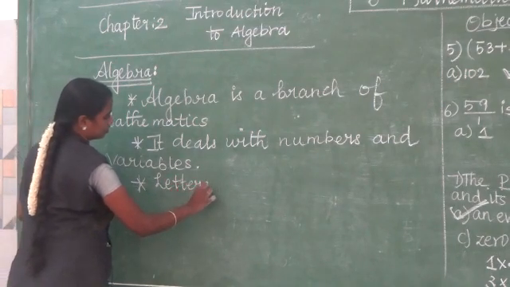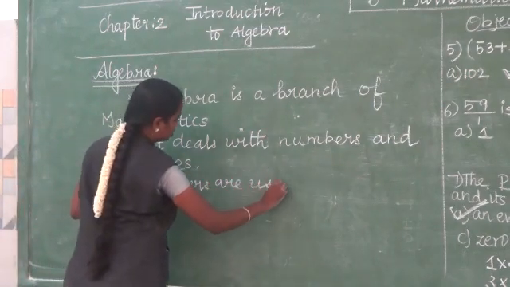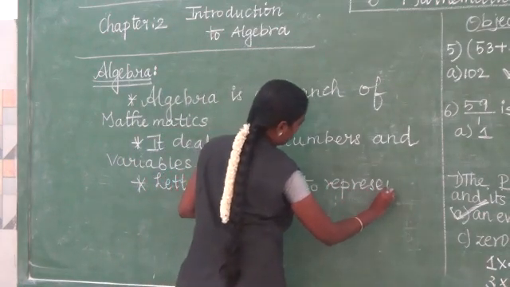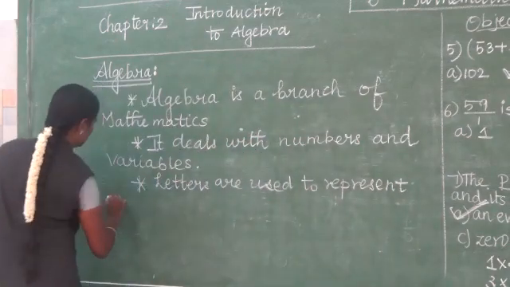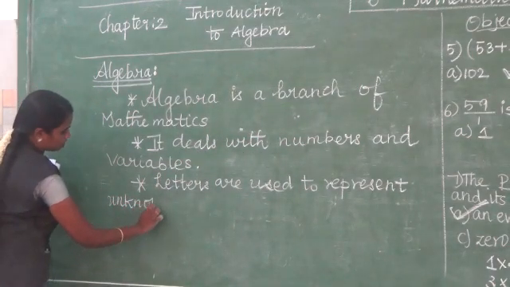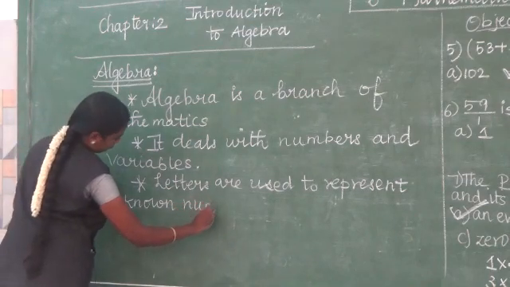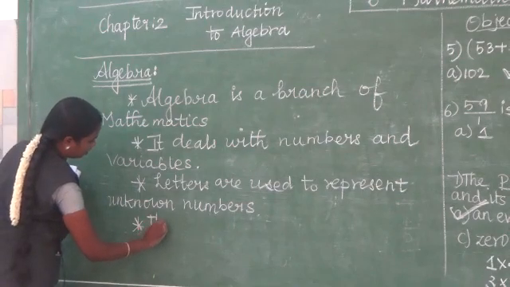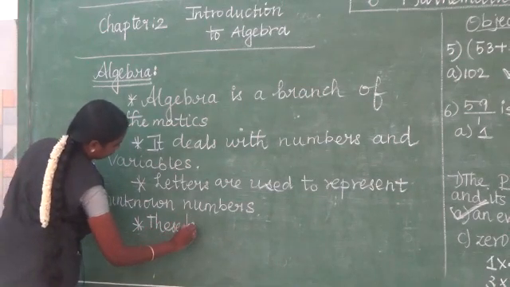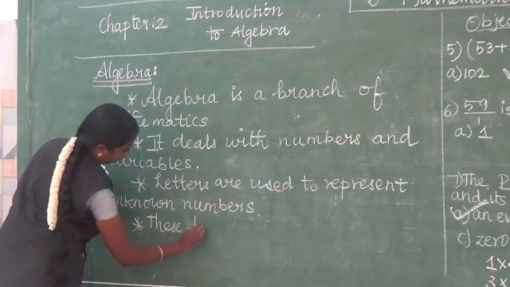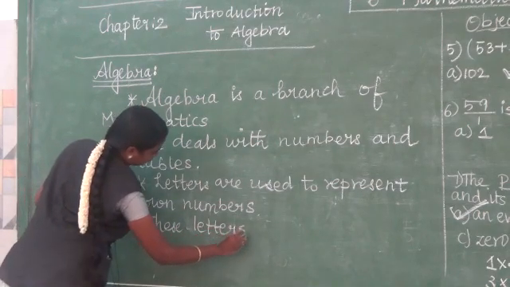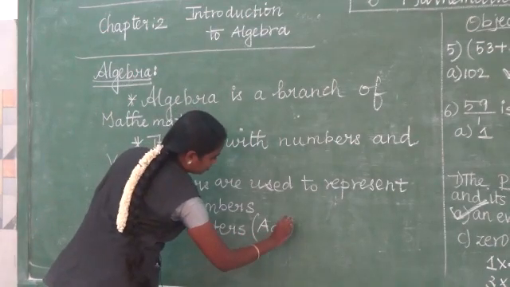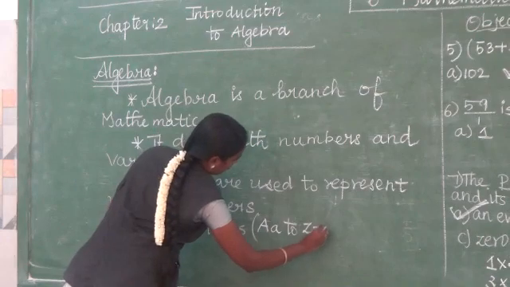Letters are used to represent unknown numbers. These letters are called variables. Letters here means alphabetical letters, capital A to small a, to Z.